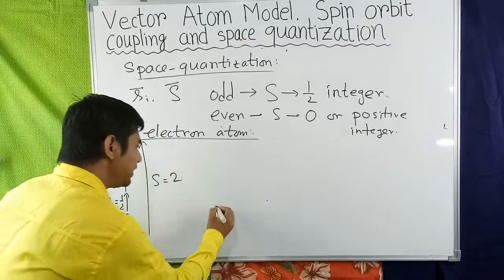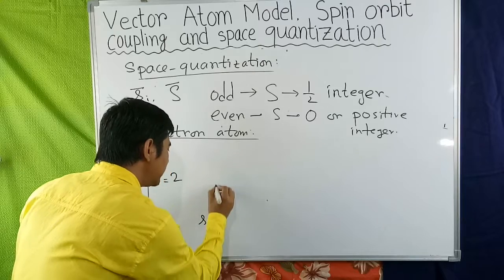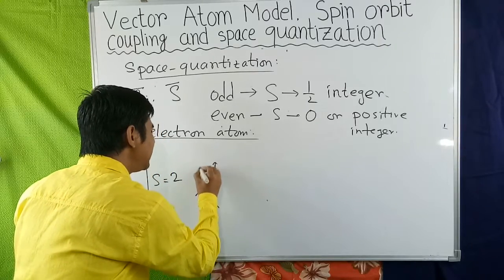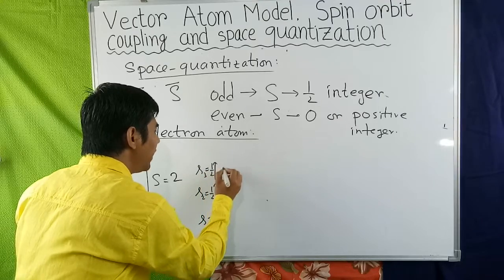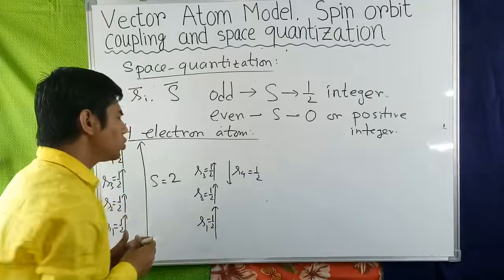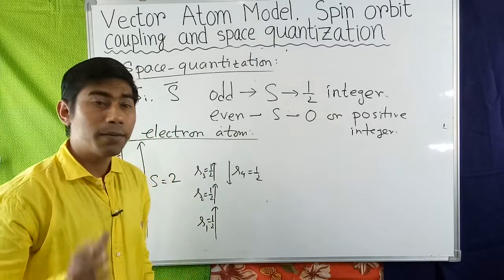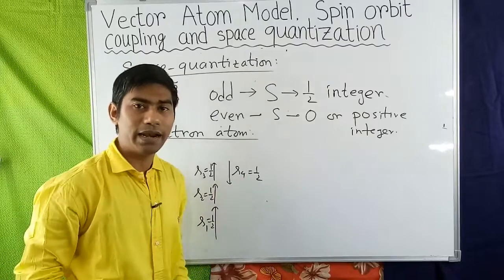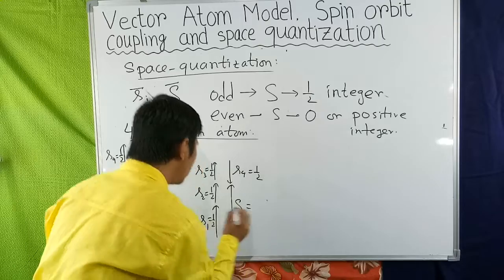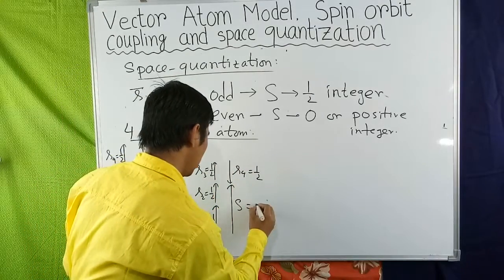Now another possibility is, suppose this is S1 equals to half, this is S2 equals to half, this is S3 equals to half, and this is S4 equals to half. So here S1, S2 and S3 are parallel, but S4 is anti-parallel. So the addition of S is S equals to half plus half plus half minus half, that is 1.